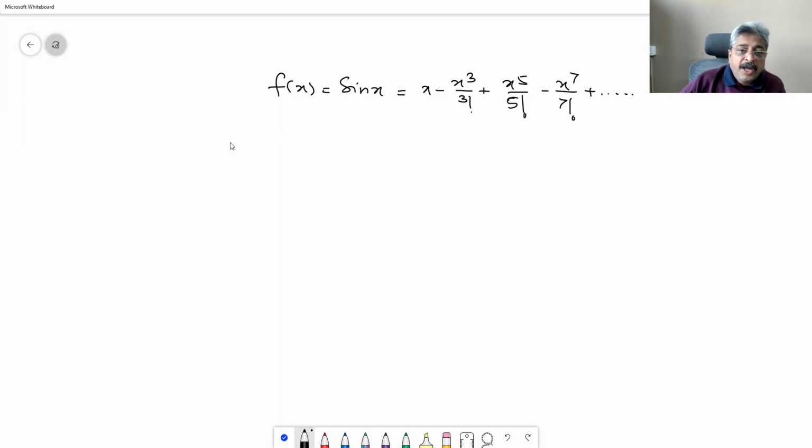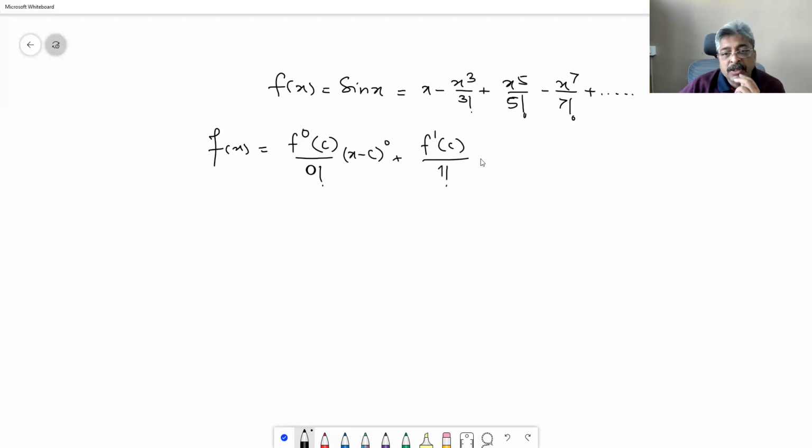And what was our formula? f of x was equal to f of 0, the function itself, evaluated at c upon 0 factorial into x minus c raised to 0, plus first derivative evaluated at c upon 1 factorial into x minus c raised to 1.